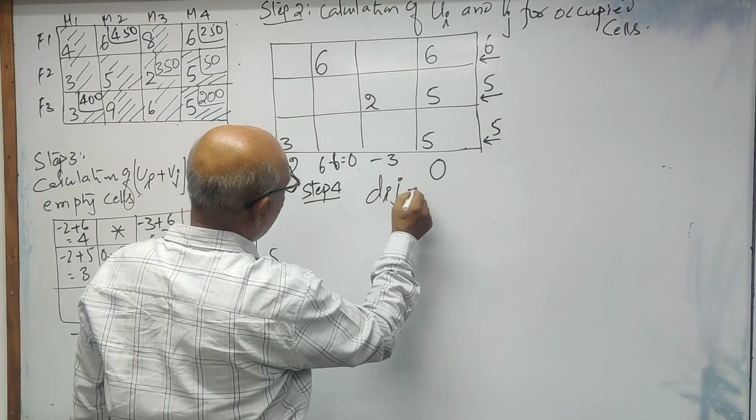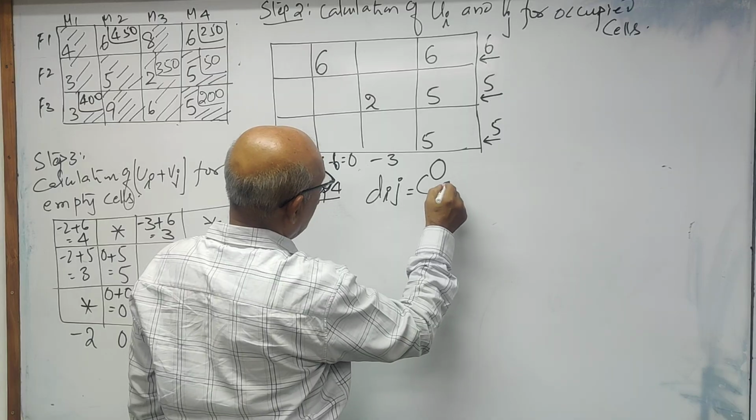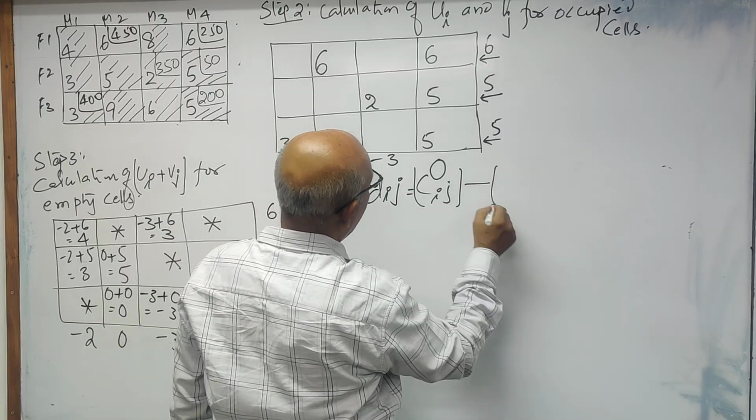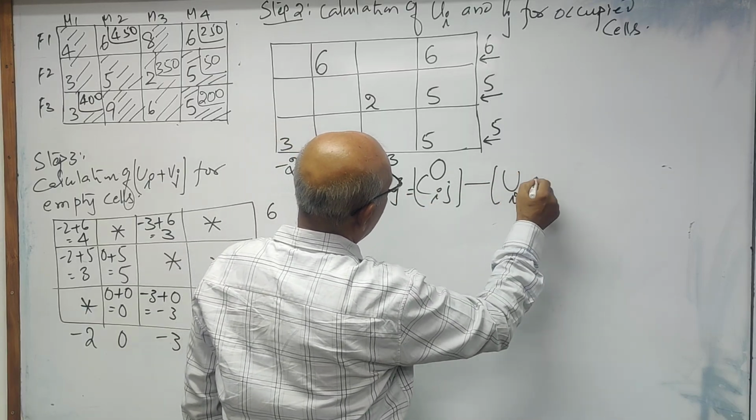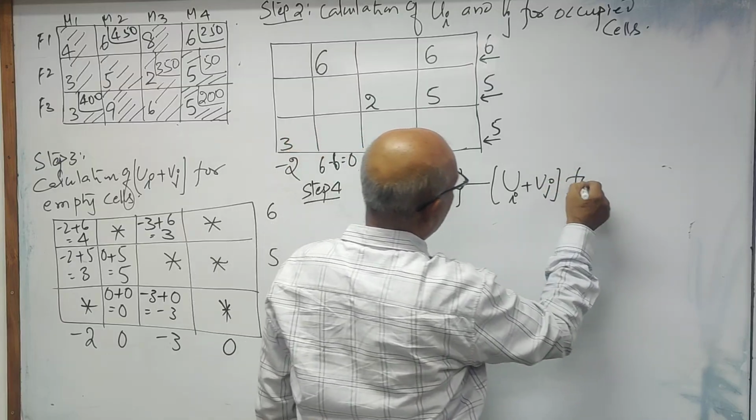Dij matrix is equal to Cij matrix minus UI plus VJ for empty cells.